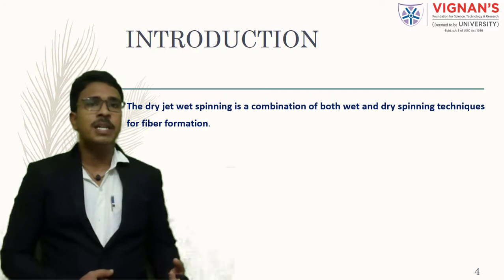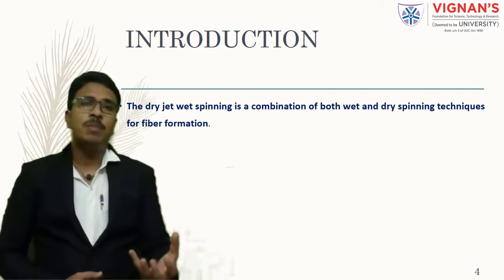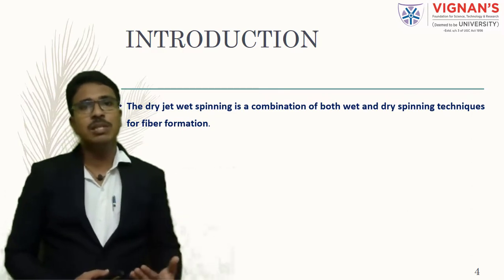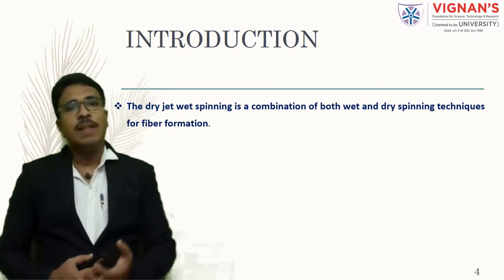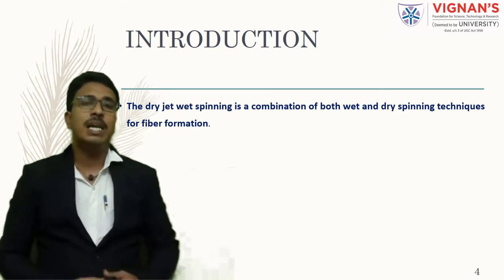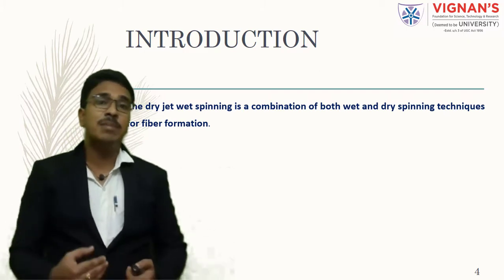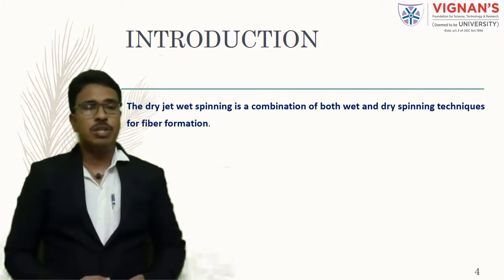So what is dry spinning? Here we take the polymer, dissolve it in a solvent, and then pump or force it through the spinneret so that continuous filaments come out, and the solvent removal takes place with the help of heated gases, where the temperature is higher than the boiling point of the solvent we used to prepare the solution.